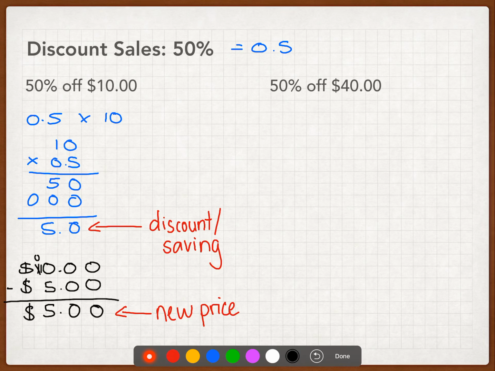All right, let's look at the second calculation. Once again, we're going to convert our percentage to the decimal form and times it by 40 this time. We're going to do our multiplication: 0 times 5, 4 times 5.